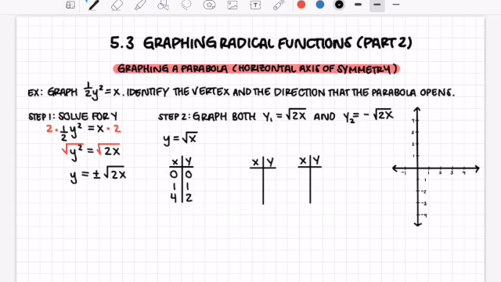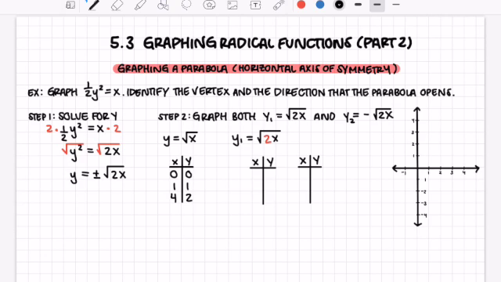One of the transformations is in y1, where right here we have a 2 inside of our square root. It's going to change my graph horizontally.